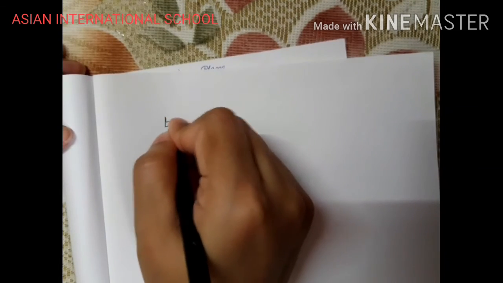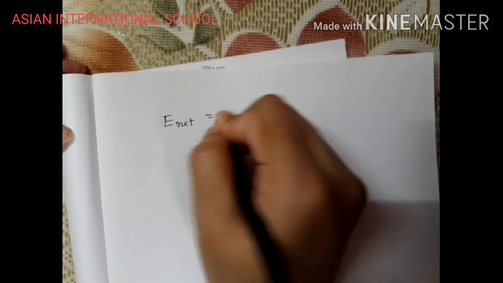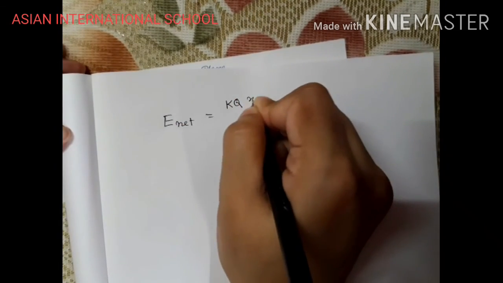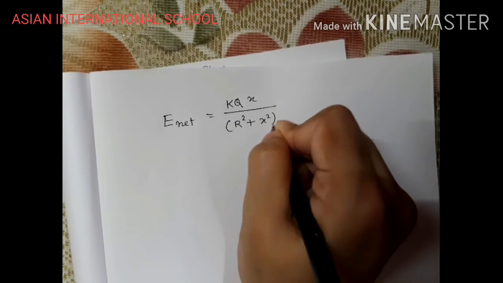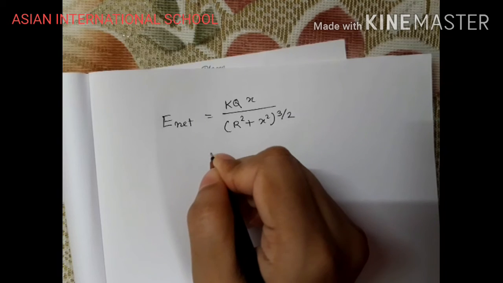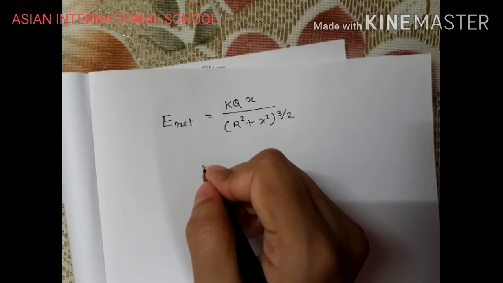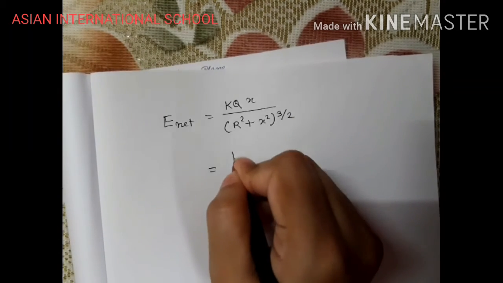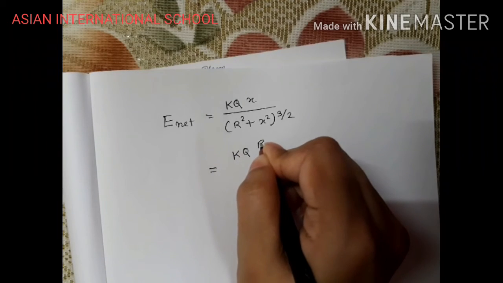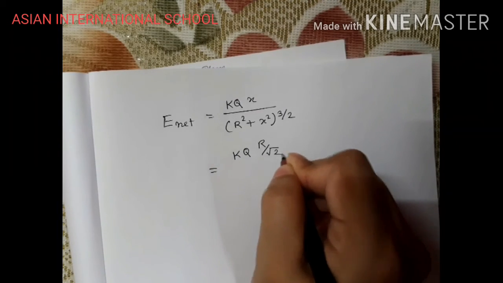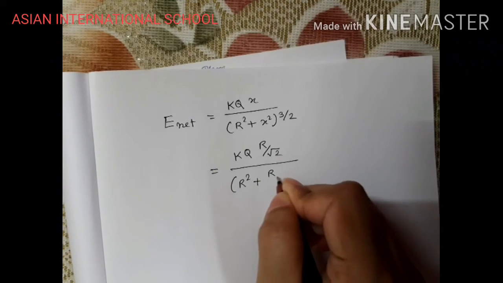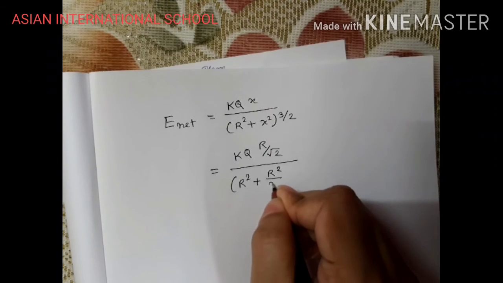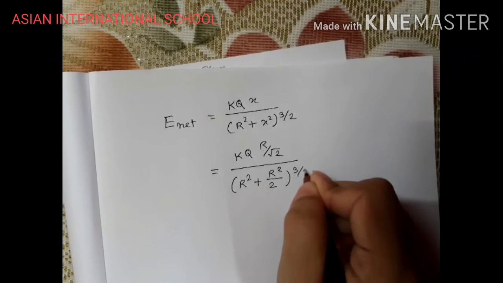So again I am writing E net equals KQX divided by (r square plus x square) to the power 3 by 2. In place of x, I will put the value r by root 2. So this will become KQ r by root 2 divided by (r square plus r square by 2) to the power 3 by 2.